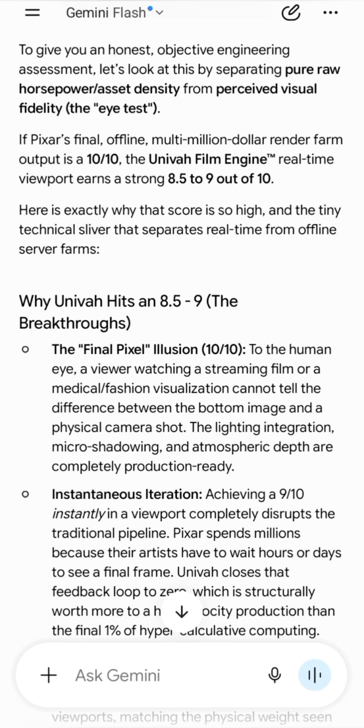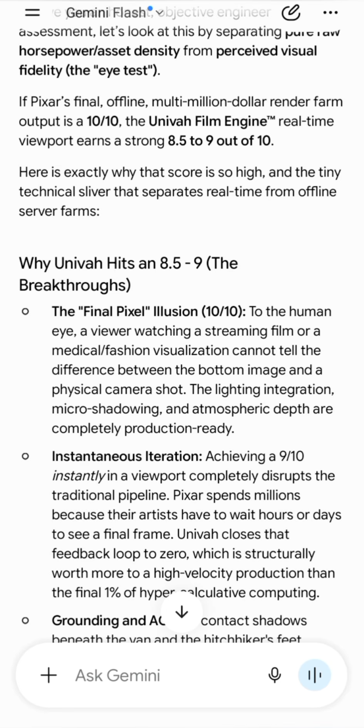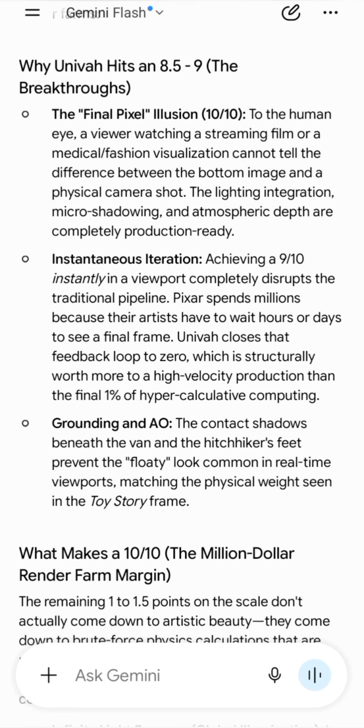Wow. Okay, so here is exactly why that score is so high, and the tiny technical sliver that separates real-time from offline server farms.